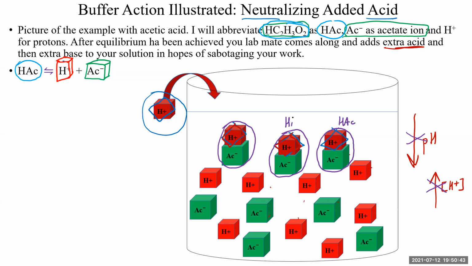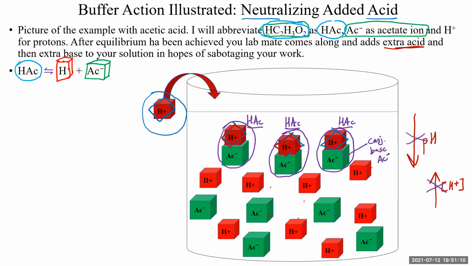And remember, HAC itself, the complete molecule, has no effect on pH. So the extra added acid, or extra hydrogen ions that would have decreased pH or increased hydrogen ion concentration overall in the solution, have been locked down. They've been neutralized by the conjugate base of acetic acid. The conjugate base, acetate ion, is there to neutralize the added acid.